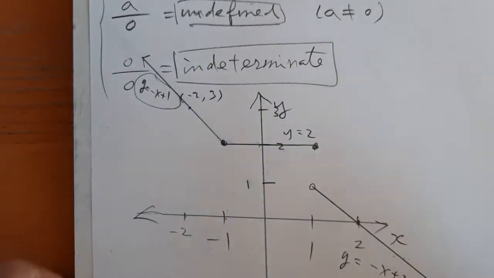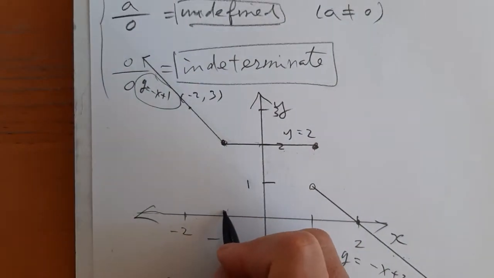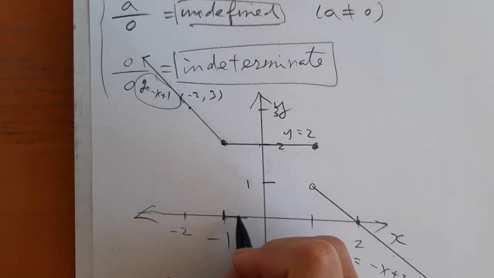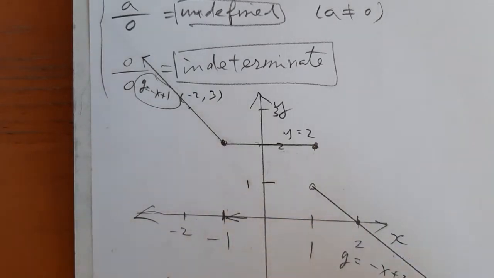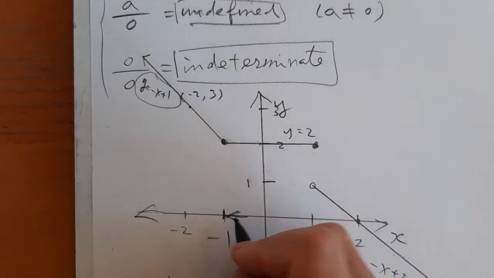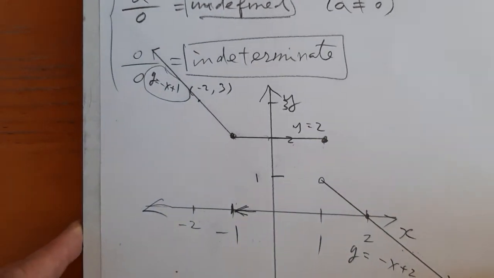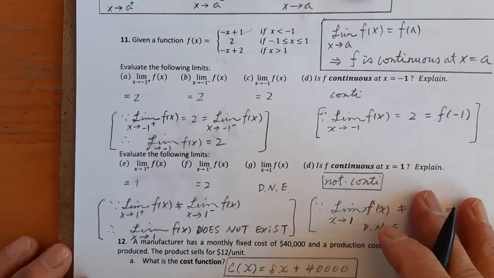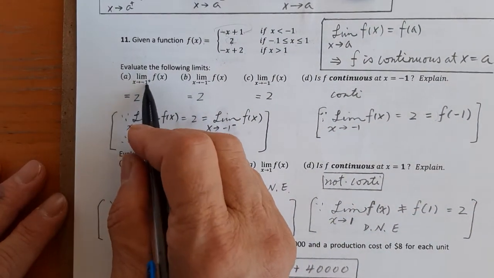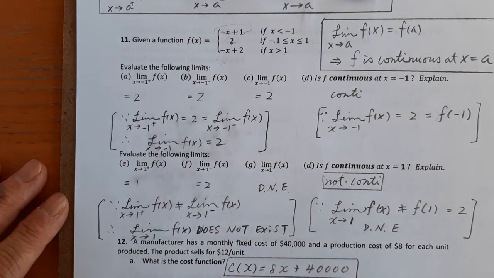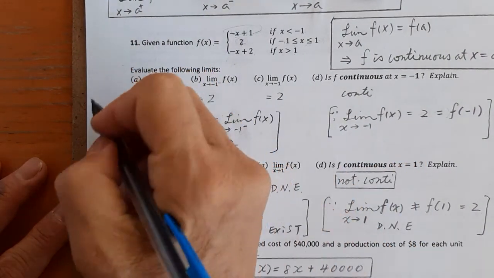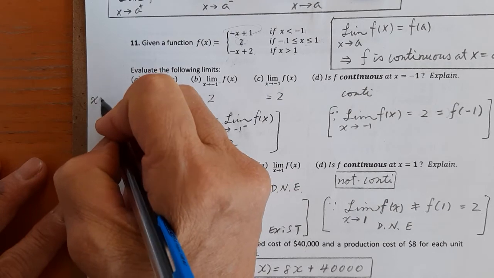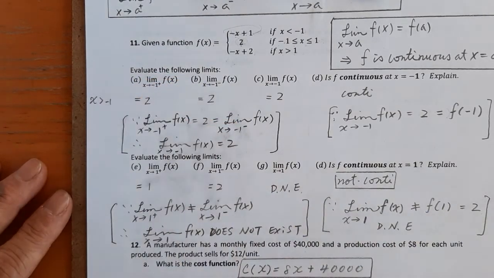When x approaches -1 from the right side, x has to be greater than -1.